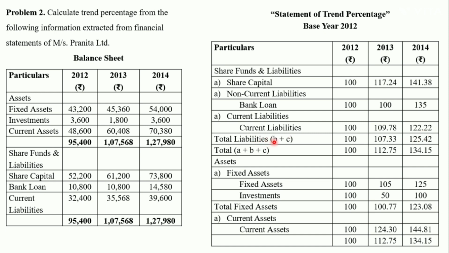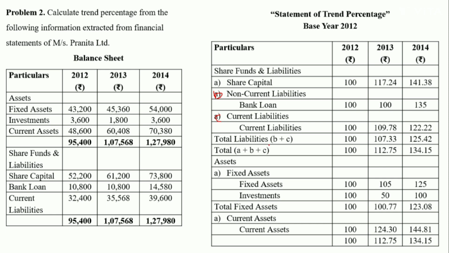Similarly, we are going to calculate for total liability. Total liability means B plus C. This is B, sorry, this is B and this is C. Non-current liability and current liability are B and C. Similarly here also.